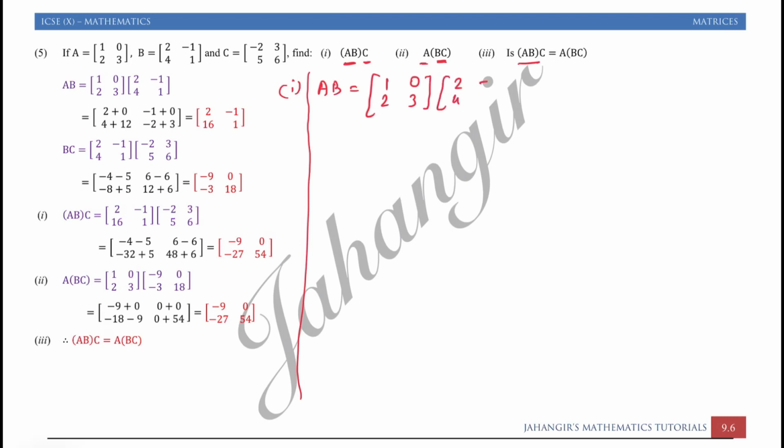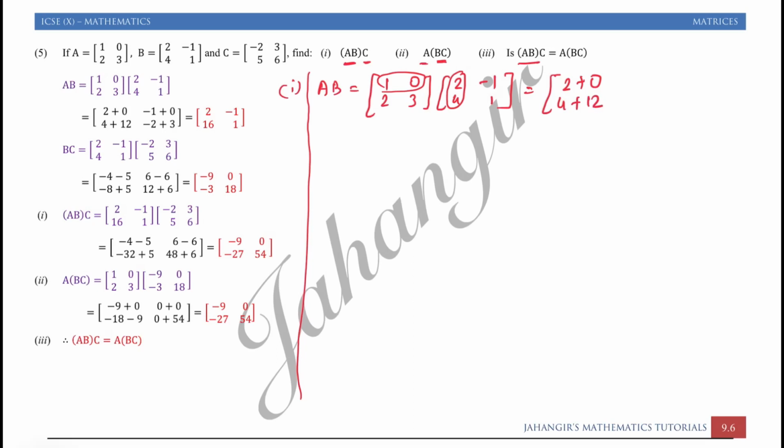2, 4, minus 1, 1. So first row, first column, let me multiply here only as I don't have enough space. 1 into 2 is 2 plus 0 into 4 is 0. Then second row, 2 into 2 is 4 plus 4 3s are 12.